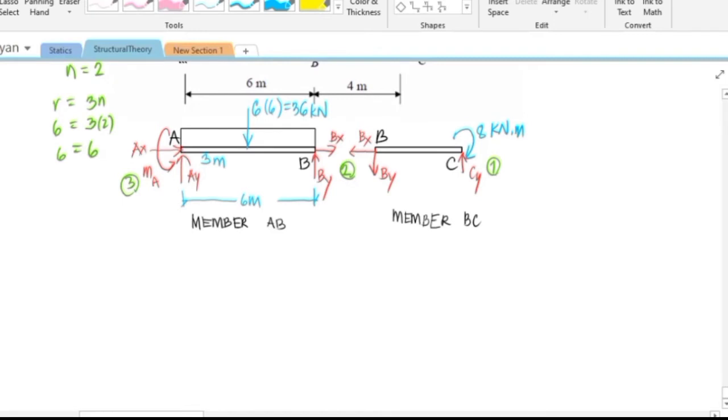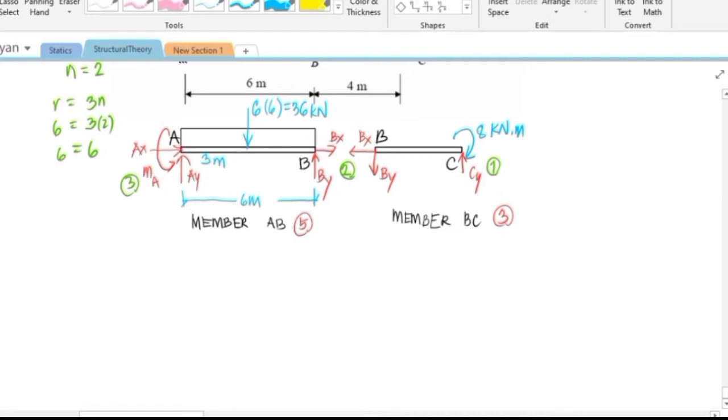So, kung titingnan natin dito, para kay member AB, meron tayong 5 unknown. Para kay member BC, we have 3 unknowns. Since meron lang tayong 3 equations na magagamit, that is the summation of the forces horizontal, the summation of the forces vertical, and the summation of the moment. So, uunahin natin si member BC kasi 3 lang yung unknown natin dito.